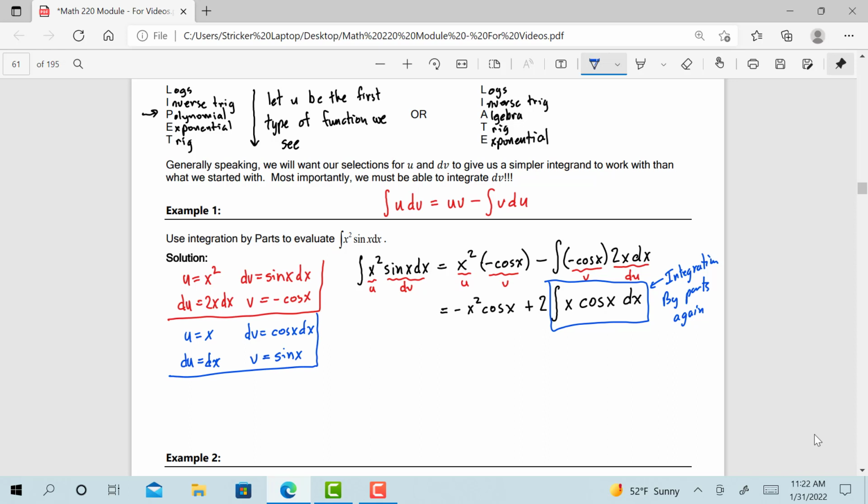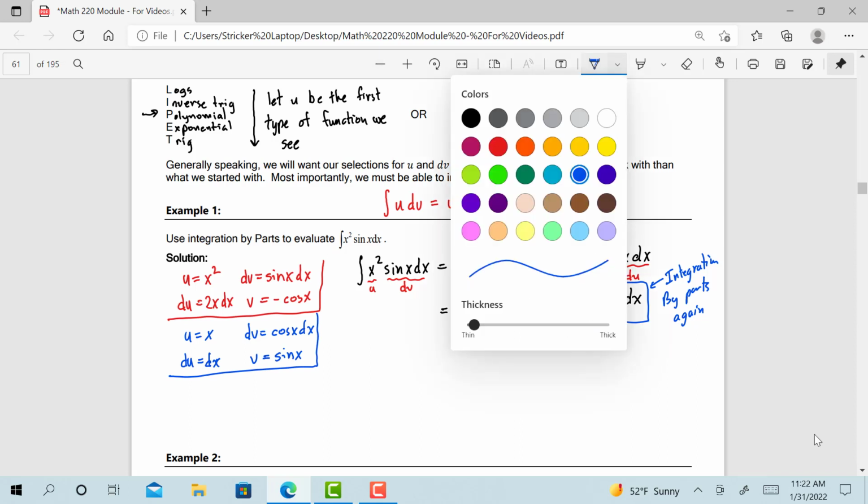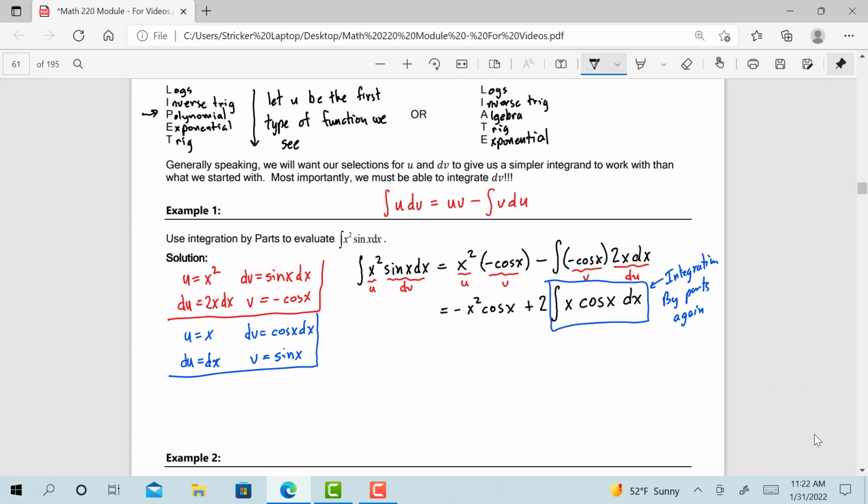And then we go through integration by parts one more time. So the first part is going to remain unchanged. So we have minus x squared times the cosine of x. And we have plus 2 times our integration by parts that we just wrote out.